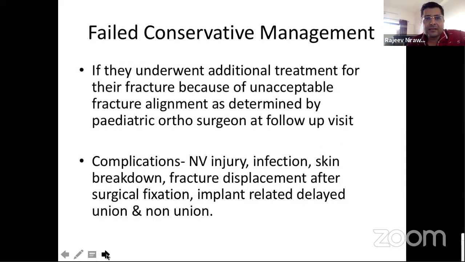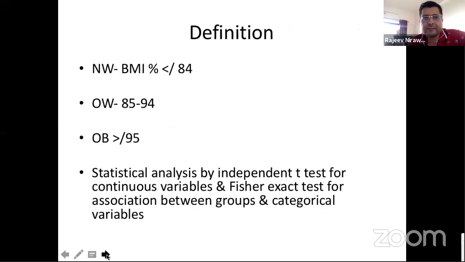They labeled it as failed conservative treatment if the patients underwent additional treatment for their fractures because of unacceptable fracture alignment as determined by the pediatric orthopedic surgeon at follow-up visits, and complications such as neurovascular injury, infections, skin breakdowns, or fracture displacement after surgical fixation, and implant-related delayed unions and non-unions.